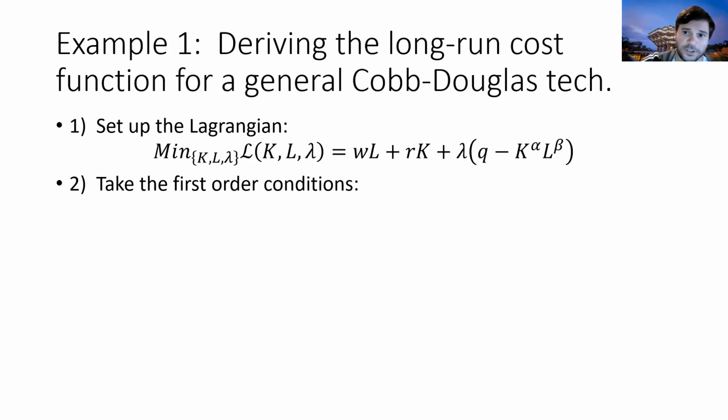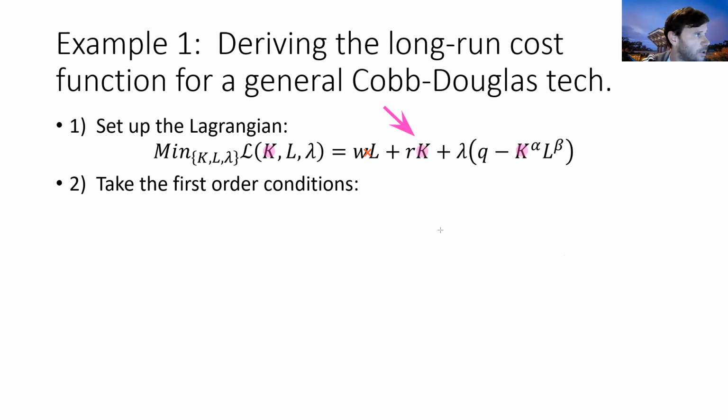First, let's go ahead and take the derivative with respect to capital. Notice the only place capital is showing up is multiplied by R in the objective function, and then it also shows up in the constraint inside the production function. So if we take the partial derivative with respect to K, this whole first term with W and L goes away. Then we get to the second term, R times K, and the derivative with respect to K just leaves the constant R behind.